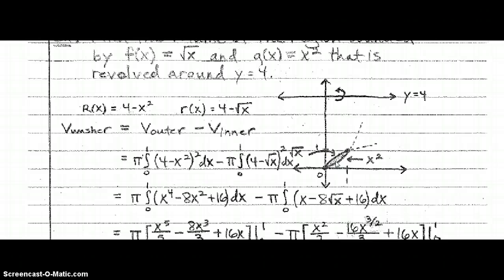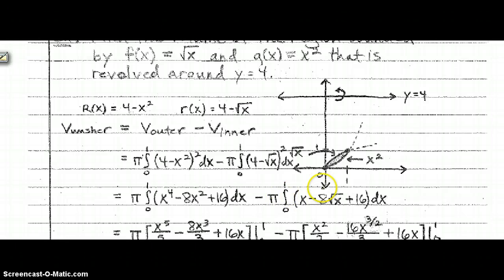Now, what's unique about this example is that we're now revolving around y equals 4, which is up here. So we're taking this region and we're revolving it all the way up and over. The process is the same, but here's the deal. Our outer region is actually what we would normally call the lower or bottom function. What do I mean by that?